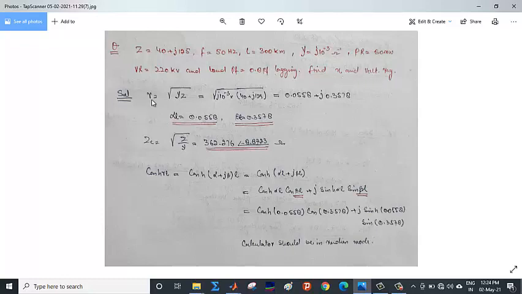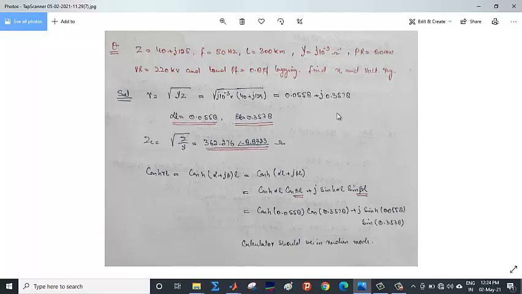Let us first calculate gamma. We have already calculated in the previous example. I have taken the same values. So it is equal to 0.0558 plus j0.3578.